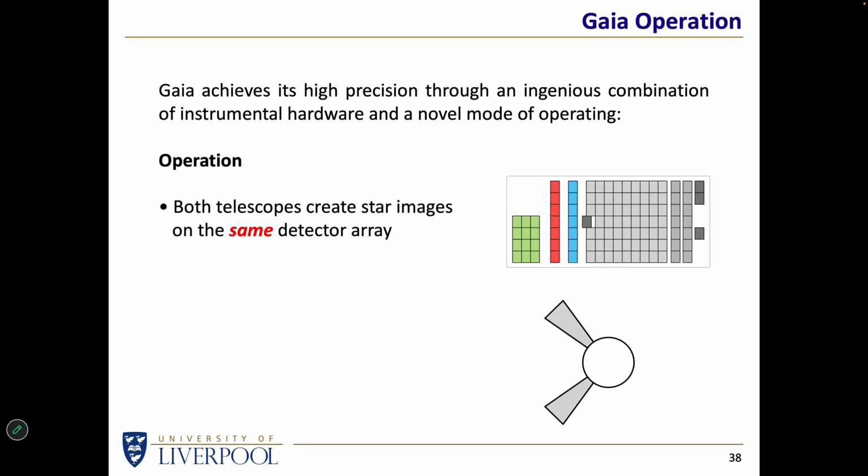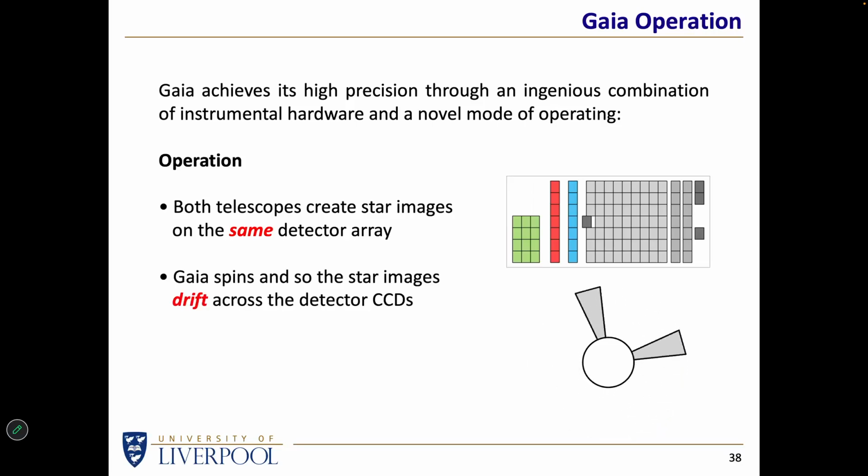Doesn't that confuse matters? It is integral to the way Gaia operates. And the other point is that these 2 telescopes are pointing at different parts of the sky, and Gaia rotates. Gaia spins, and those telescopes sweep out the sky.